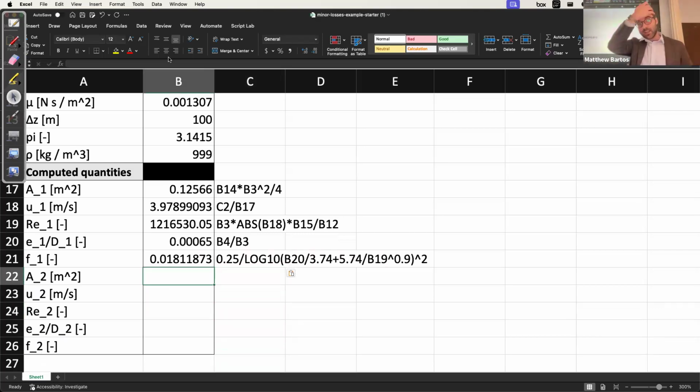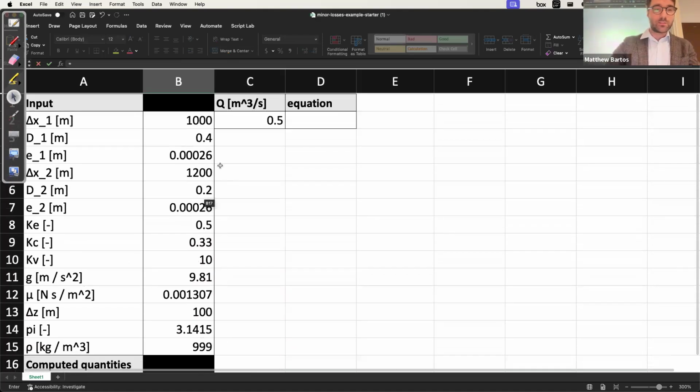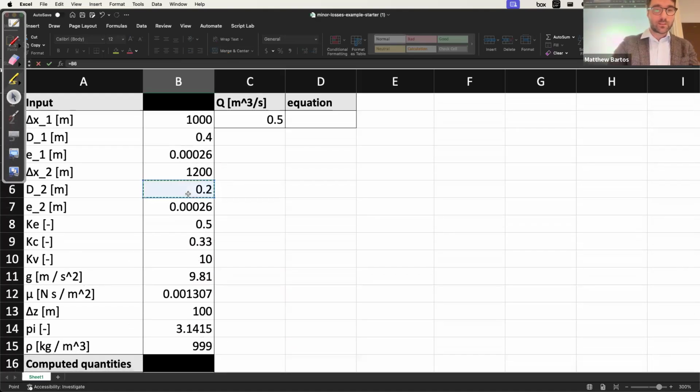Okay, for A2, U2, Reynolds number 2, all these are basically the same. A2 is going to be diameter 2 squared times pi divided by 4.